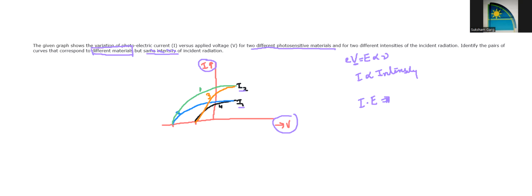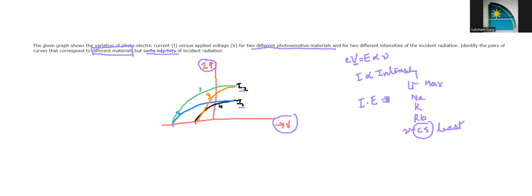If you go down the group like lithium, sodium, potassium, rubidium, and cesium, then ionization energy of cesium is least and lithium is maximum. So it means that energy in terms of frequency, and different materials will have different ionization energy. So actually it's very simple now to figure out.